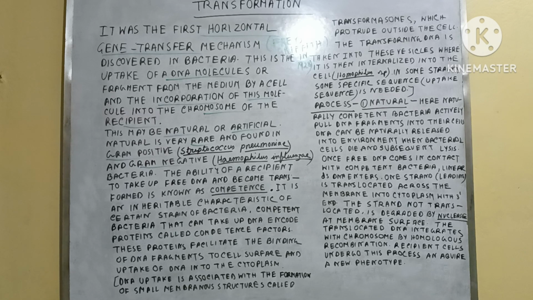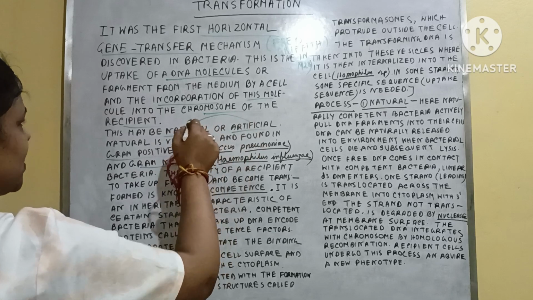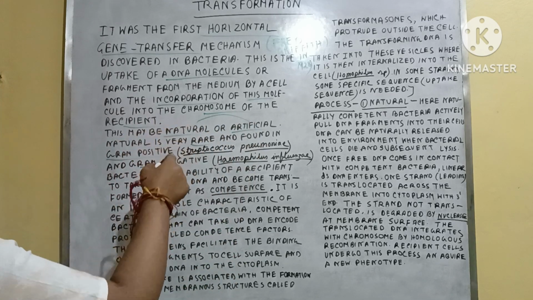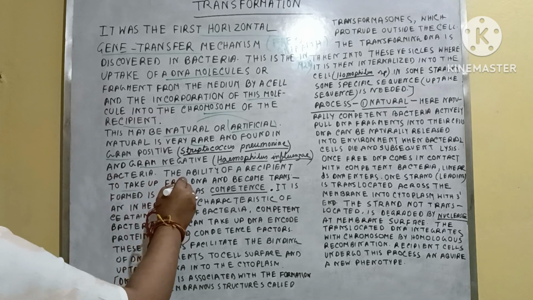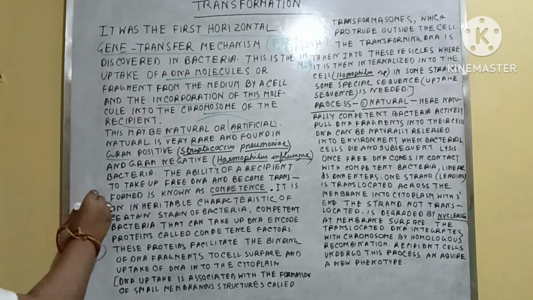Natural means it occurs in the environment, but artificial means it occurs in the laboratory or in some experimental process. By the transformation process, we try to inject DNA from one bacterium into another. So what is competence? Competent bacteria are recipient bacteria that have the capability to take up free DNA and become transformed.